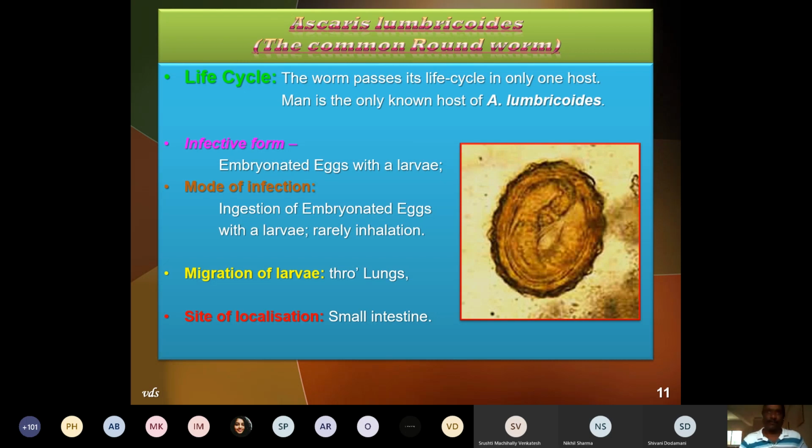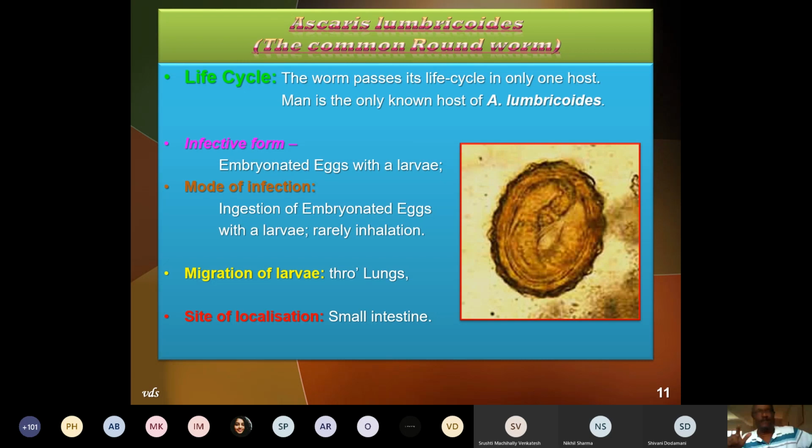Now these infective forms, which are present in the soil or water, after drinking of contaminated water or consumption of contaminated vegetables, the ripe egg containing the larvae inside is taken up during ingestion. So the mode of entry is by ingestion, the oral route. The infective form is the embryonated egg in which the larval form has developed.